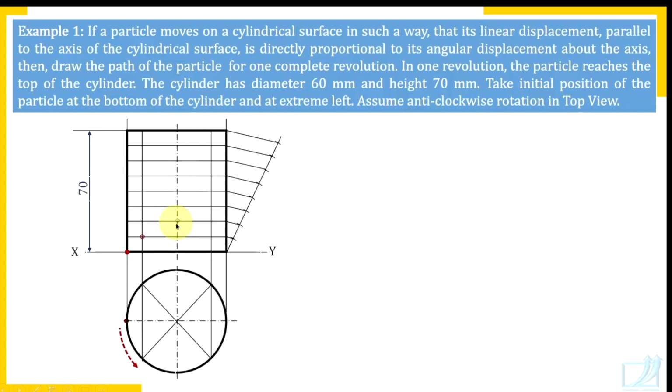So you are moving gradually upwards. So check here. After reaching the boundary generator, again the particle moves on the surface that is inside the boundary. And here the particle reaches the top. So it starts here, it reaches here. So that is a pitch, 70 mm. And these points are to be connected by a smooth curve.